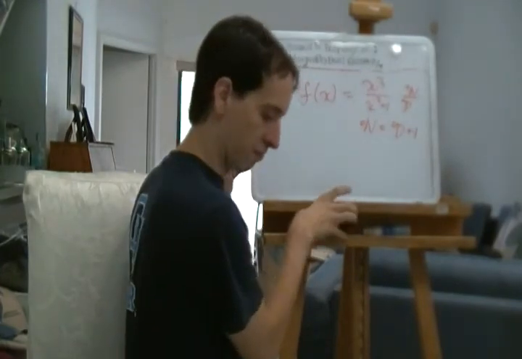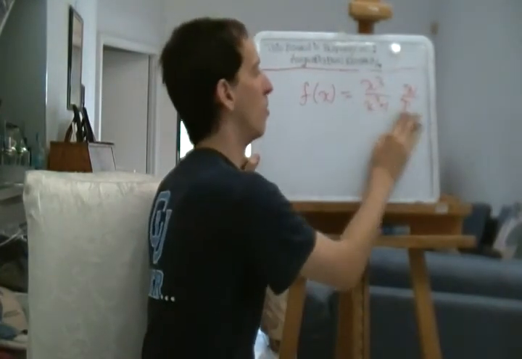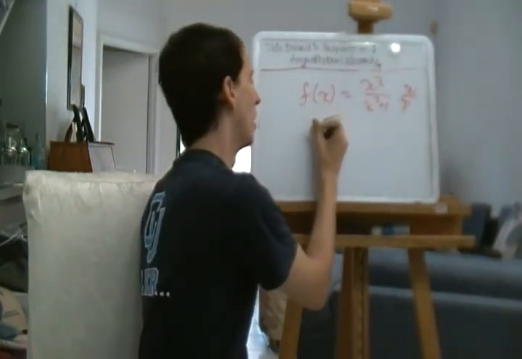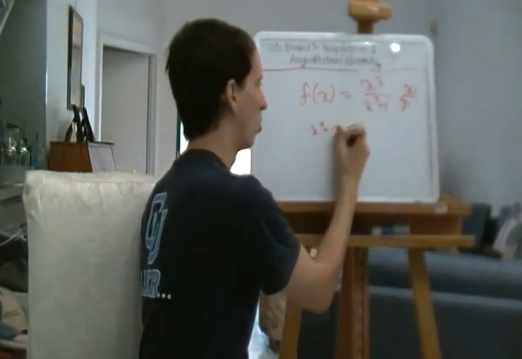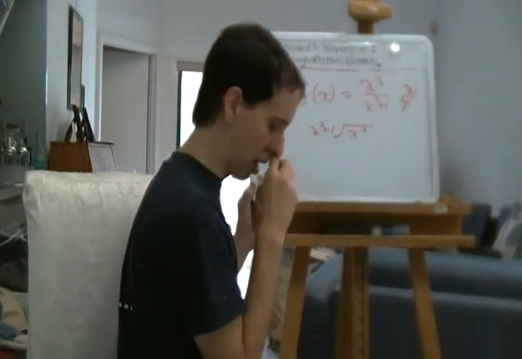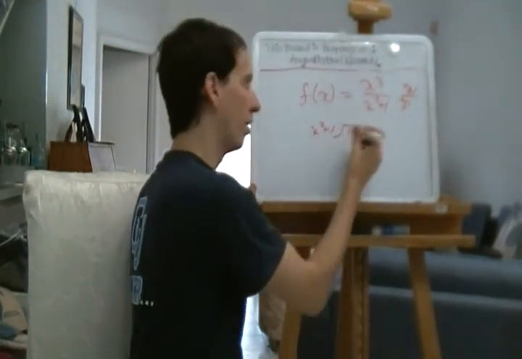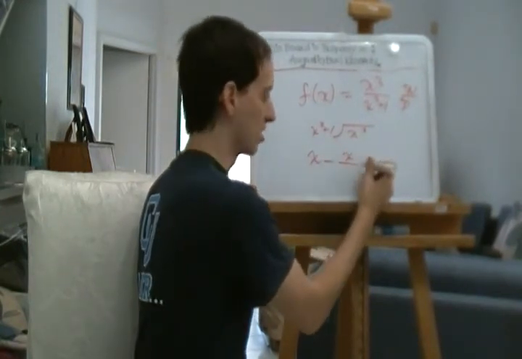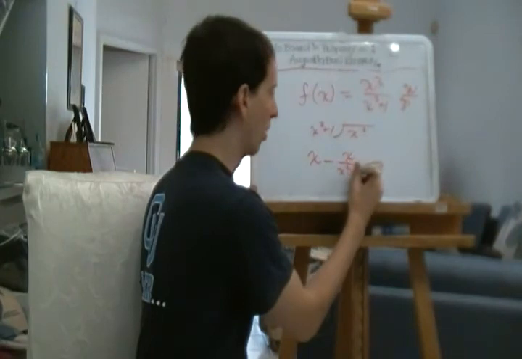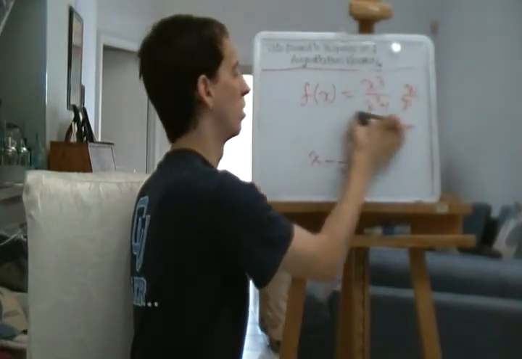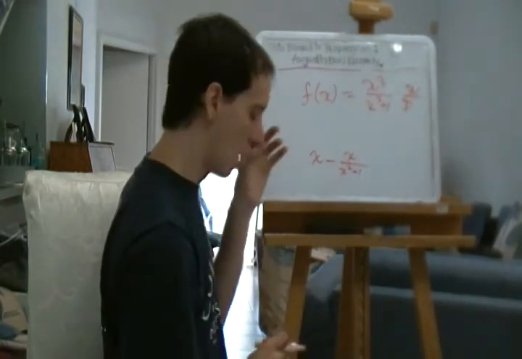What that means is that if you remember from your algebra class, we can do polynomial long division. We divide x cubed by x squared plus 1 like a polynomial, and we realize that this is the same as x minus x over x squared plus 1. That's what the numerator really is.